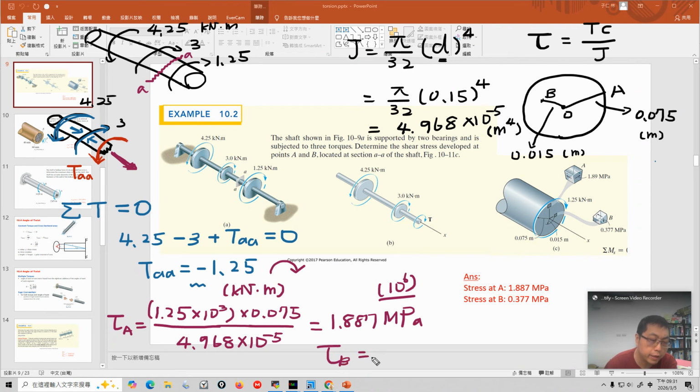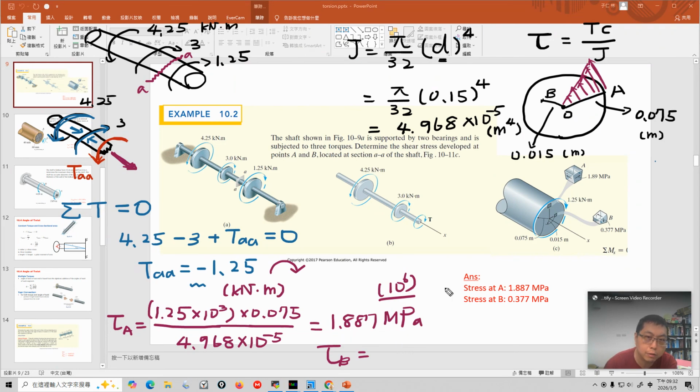Okay, what is the shear stress at B? In the previous lecture, we already know the shear stress is linearly distributed along the radius. I think in class I drew this graph. The shear stress distribution is linear along the radius. So for position B, it's a linear relationship.